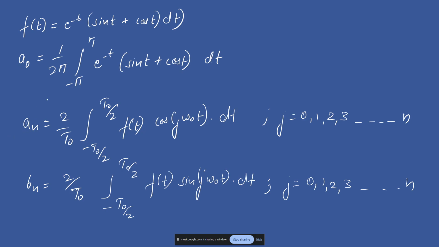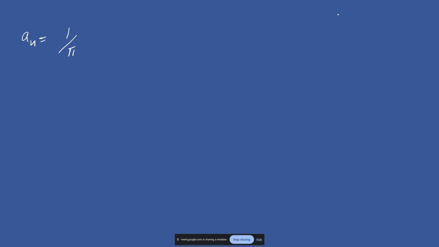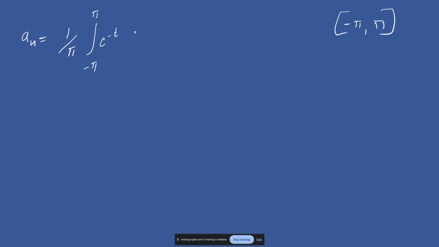Similarly, for our case, your an looks like this. Since your time interval is going from minus pi to pi, your T naught will be pi, so an is 1 by pi, integral from minus pi to pi of e^(-t) (sin t + cos t) cos(nt) dt. Why are we doing this?